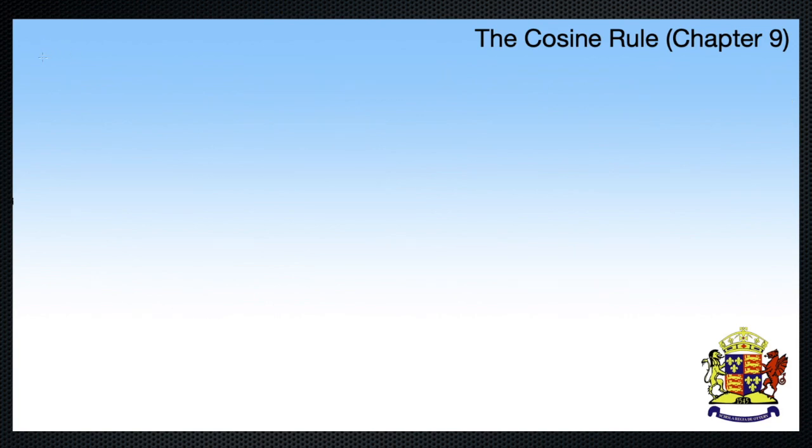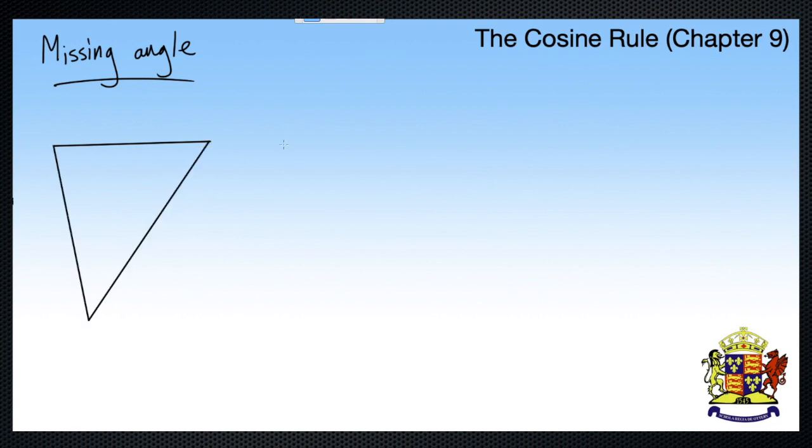Okay, so finding a missing angle. Let's draw, we'll just do 2 triangles here. Okay, so for the first one, we have a missing angle here, which I'm going to call X. We have this side here, which is 9 centimeters.